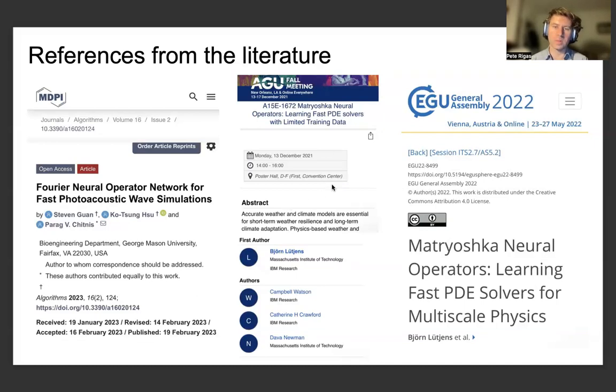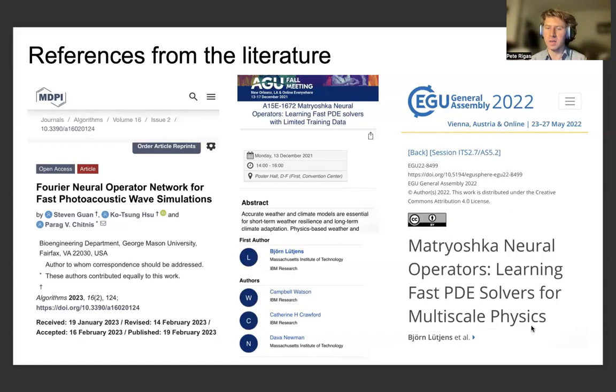In the middle reference, we can see that the Matryoshka neural operator also has an application to weather and climate models, because these often rely upon systems of PDEs or systems of ODEs, which can try to incorporate different types of constraints for how different types of environmental activity are going to be propagated forward in time from some initial estimate of what the weather would be earlier in time.